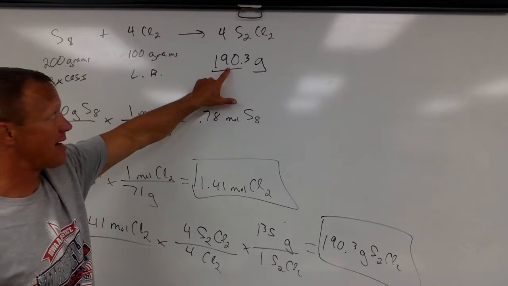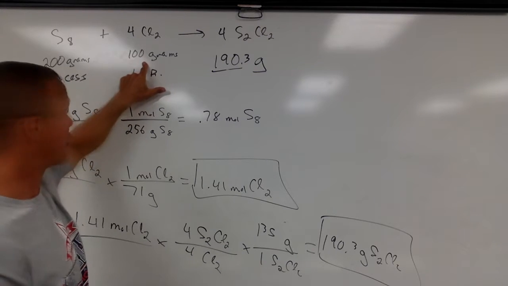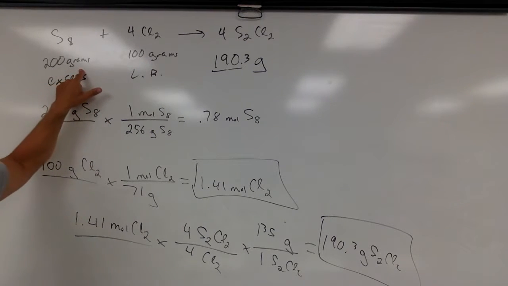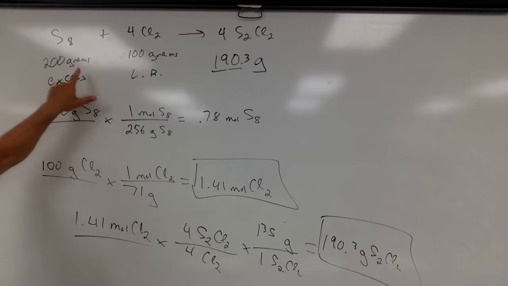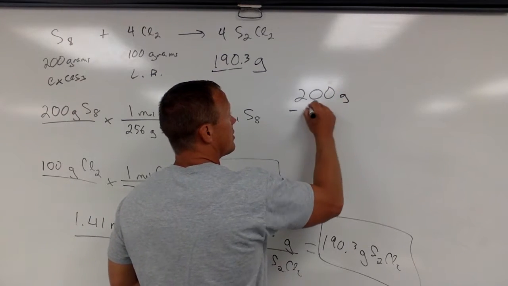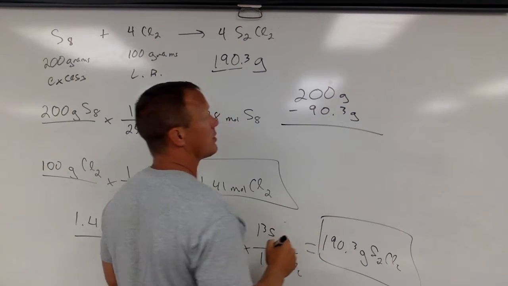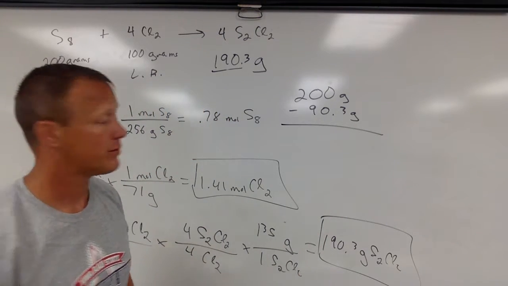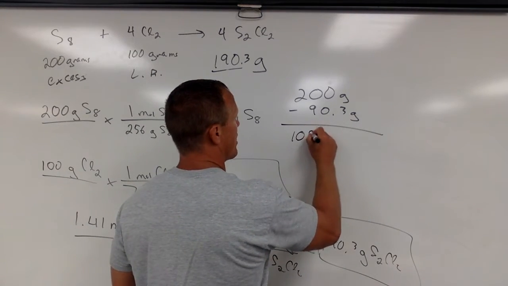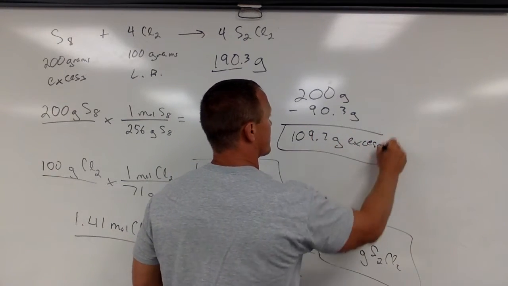If this is 190 grams, and all 100 grams of that were used, that means that 90.3 grams of this had to be used. So 200 grams available minus 90.3 grams that's used. We can get our answer from there. So 109.7 grams of excess.